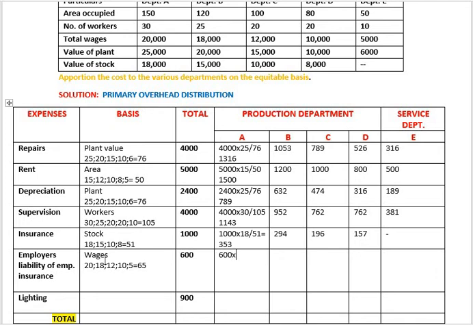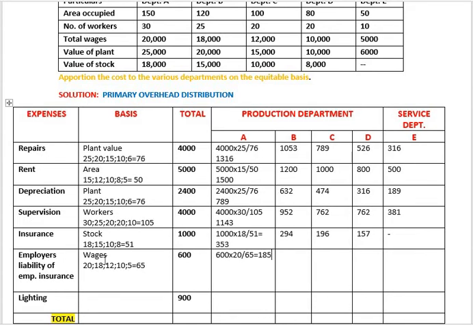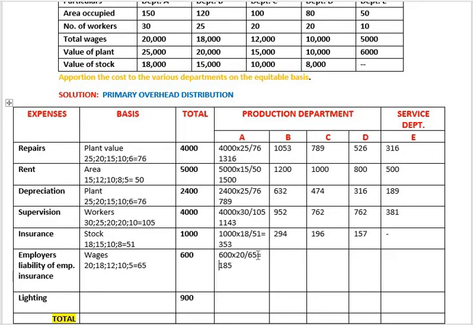into 20 divided by 65. So how much you will get? For department A we will get 185. And similarly do it for the next departments also. Department B, 600 into 18 by 65, 166.